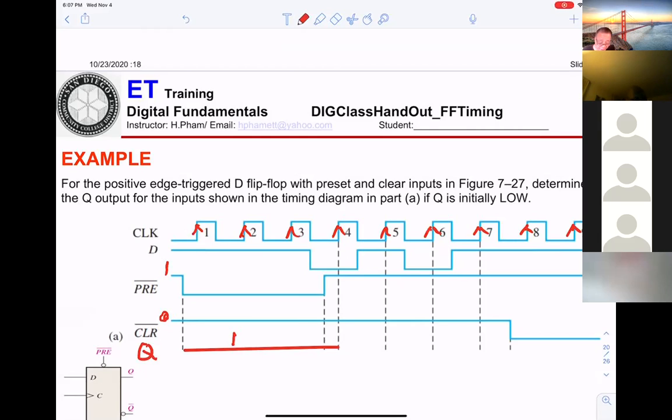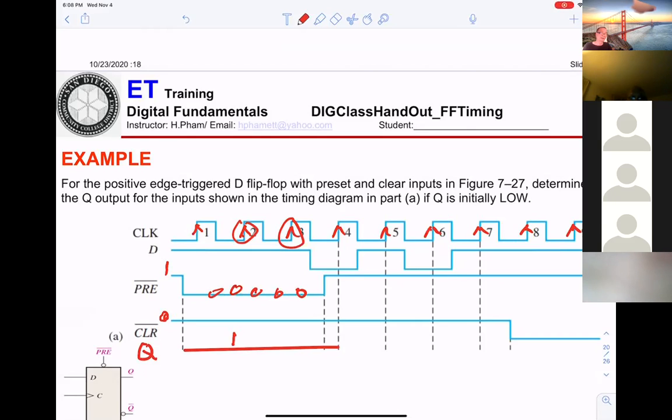However, if you're looking into here, you can see you get a clock here. You get a clock here. That doesn't matter. The thing is preset is still 0. If the preset is 0, no matter what, Q must still be 1. Okay?